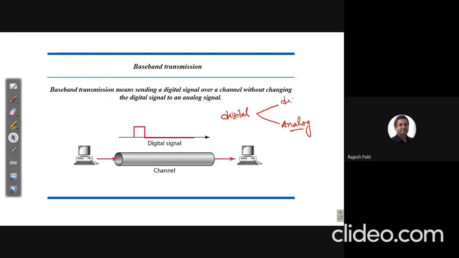But if we send digital data using digital signal at a constant rate, say 100 bit per second, 500 bit per second, or 1000 bit per second, whatever the rate, ওই যে কিছুক্ষণ আগে আমরা যেটা দেখলাম, this is called the baseband transmission.